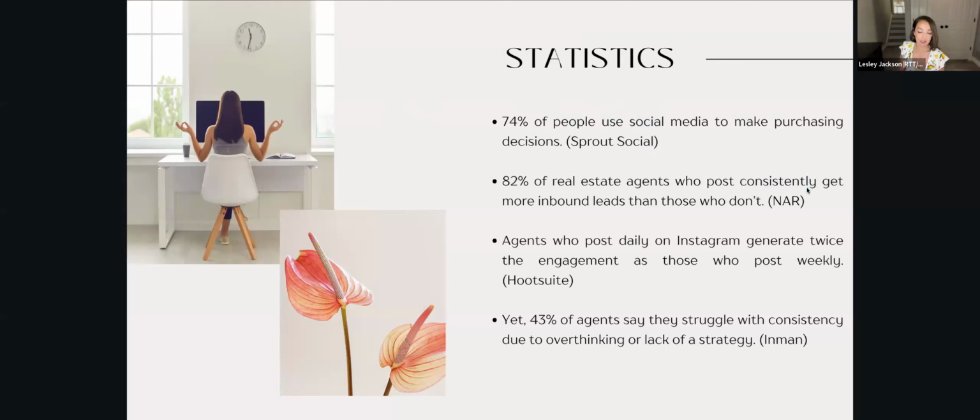Consistency is key. As a coach, I will always say, consistent activities equals consistent results. Inconsistent activities will equal inconsistent results. We want you to show up often every single day so that people start seeing your brand subconsciously. And it doesn't mean that they're going to be liking, loving, engaging in your post every single time you post. So don't get down on yourself if you feel like your post didn't have many likes or engagements or comments or shares.